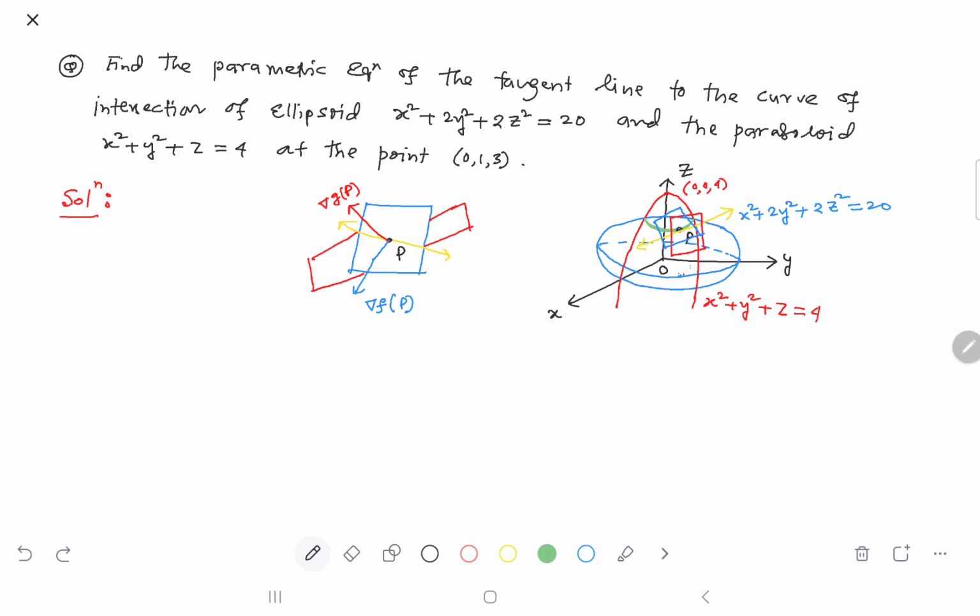Now if you take the cross product of these two vectors, then you get a vector parallel to the yellow line. Got it? This is gradient of f at p cross gradient of g at p. So this is a vector parallel to the tangent line.